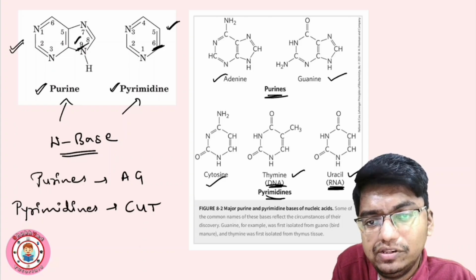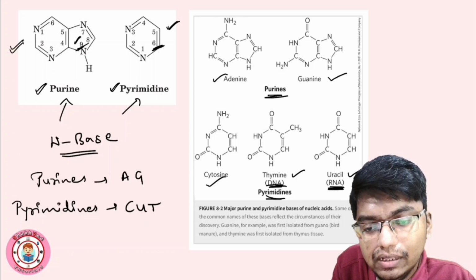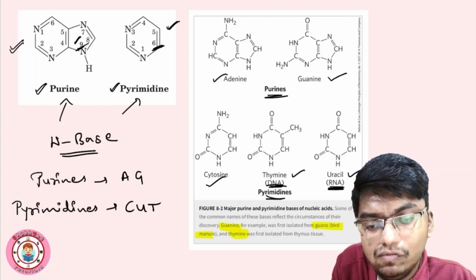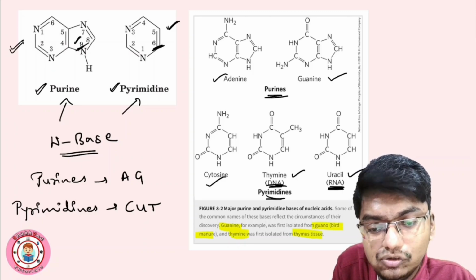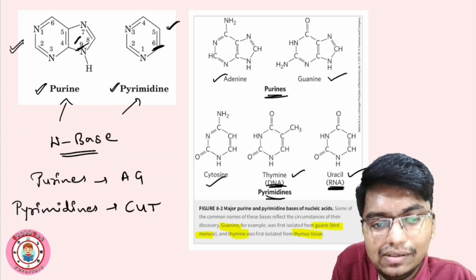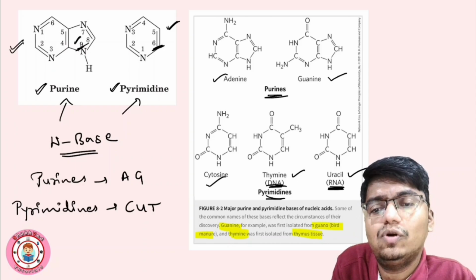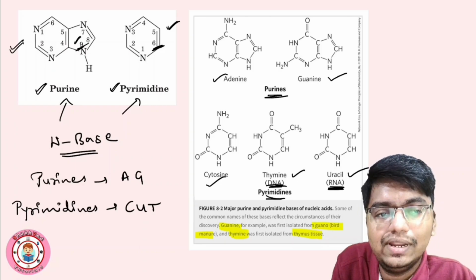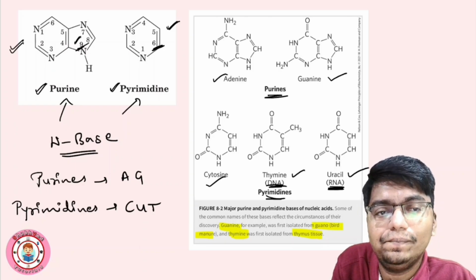Now from this picture you have to remember one thing. Guanine was first isolated from guano, that is bird manure, and thymine was first isolated from thymus tissue. Sometimes this small information is asked in the exams. Questions are asked directly.